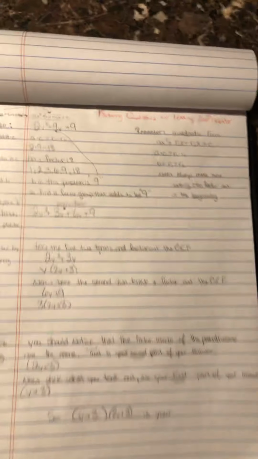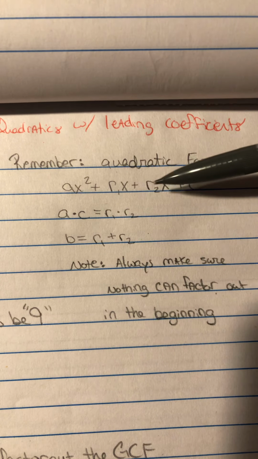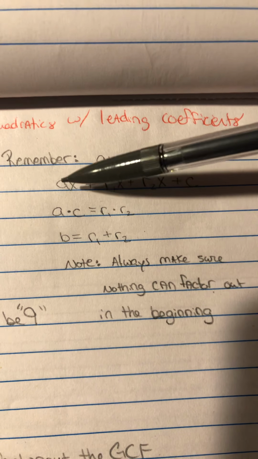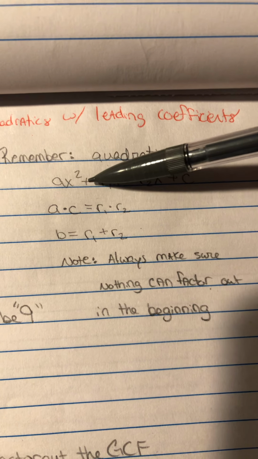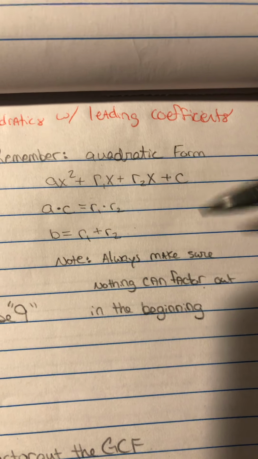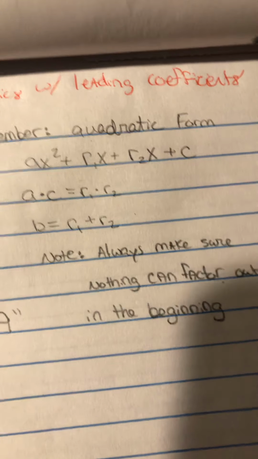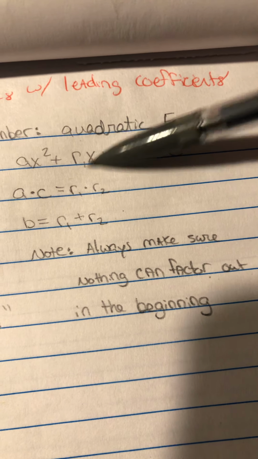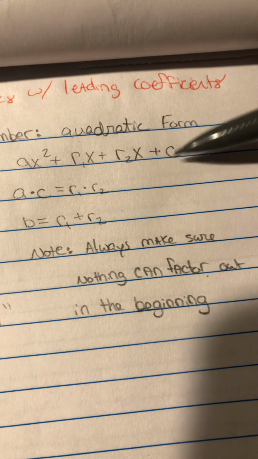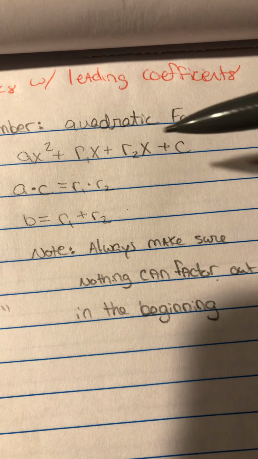So we're going to kind of talk through our quadratic form. So remember, in this part, we're going to be doing ax squared plus r1x plus r2x plus c. Now, we probably remember a bx here. We're going to be splitting that bx into two different parts during most of these problems. It'll make a little bit more sense when we start doing it.